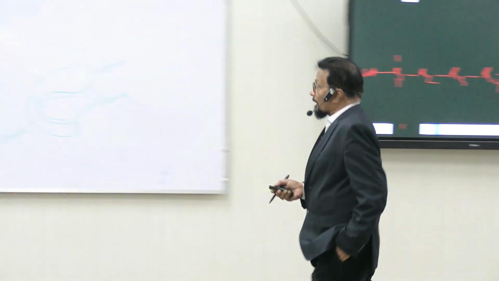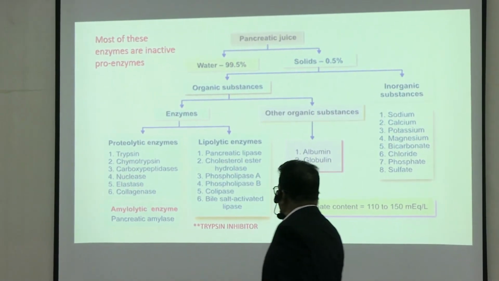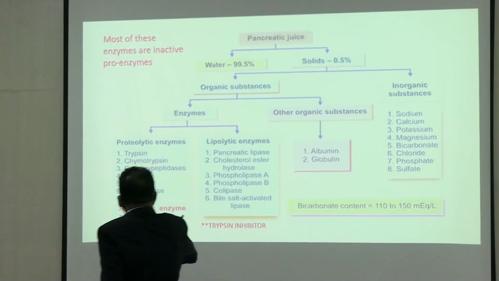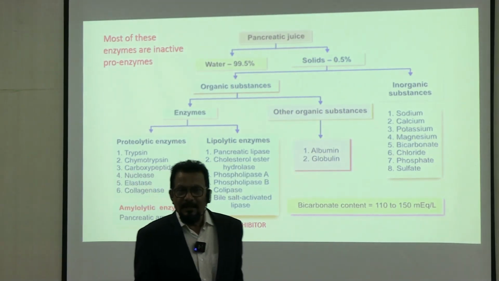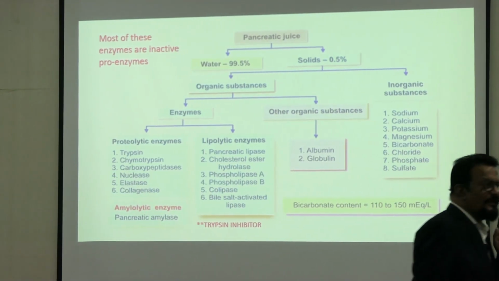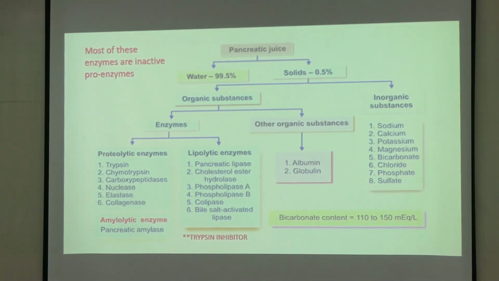Next, chymotrypsin, trypsin. So these are the proteolytic enzymes, and now we come to the amylolytic enzymes. Amylolytic enzyme means carbohydrate splitting enzymes. It is very similar to salivary amylase.